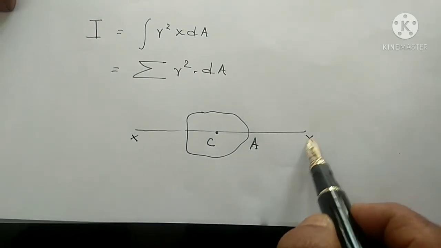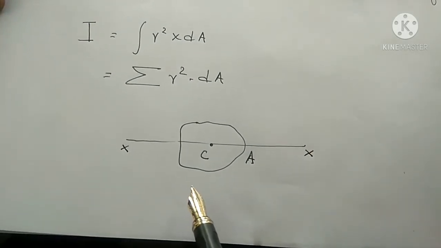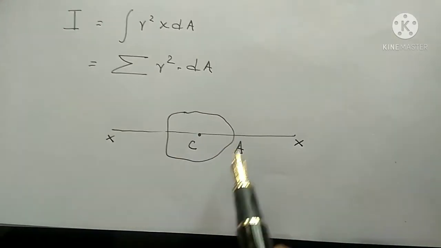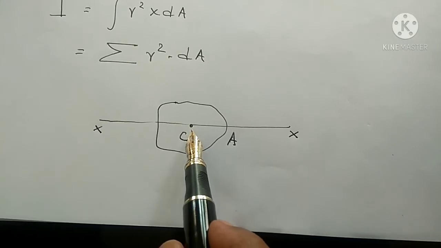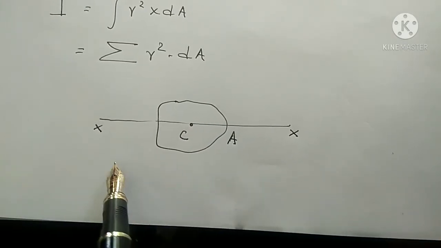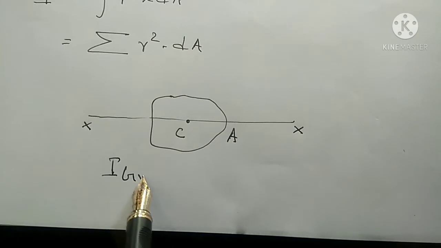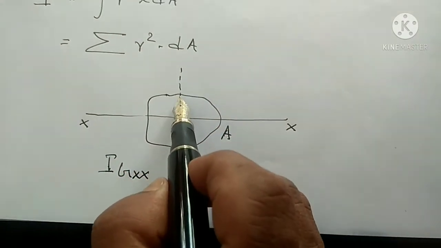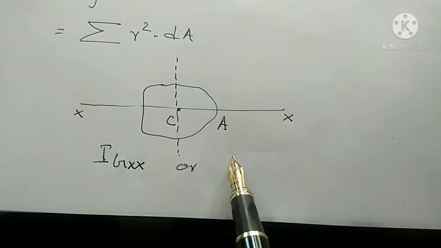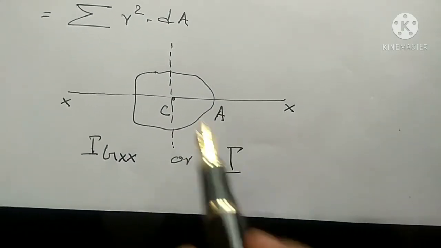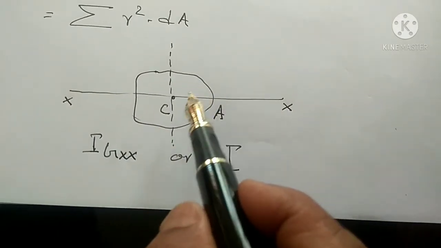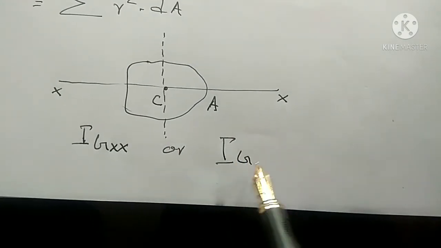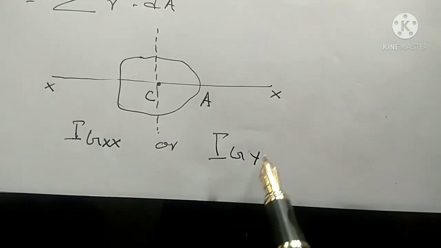So the moment of inertia of this area about the centroidal axis can be written as IGXX. Or if we are considering the vertical axis passing through the centroid, that can be written as IGYY.